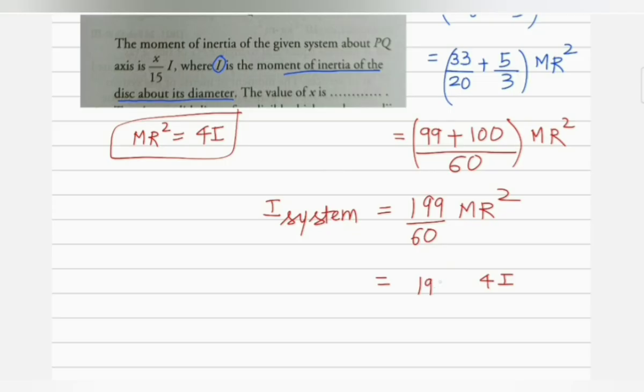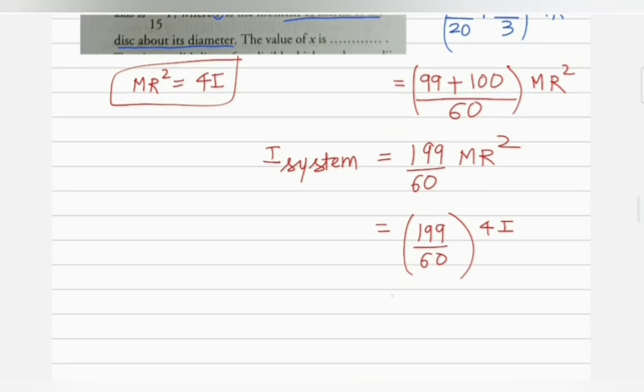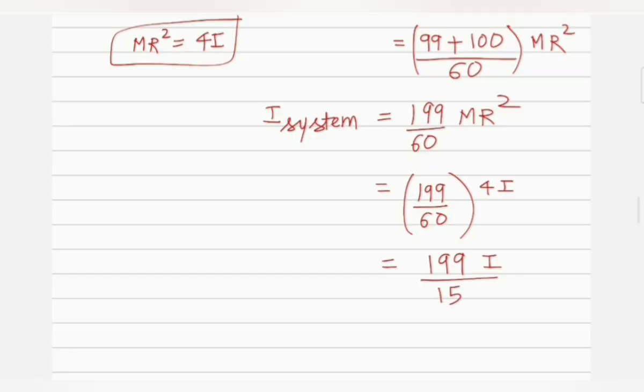So 199/60 you keep as it is, and multiply by 4 times I, instead of mr square. So this will look like 199 into I divided by 4 into 15, which gives 60. So the moment of inertia of the entire system is equal to 199 divided by 15 multiplied by I.